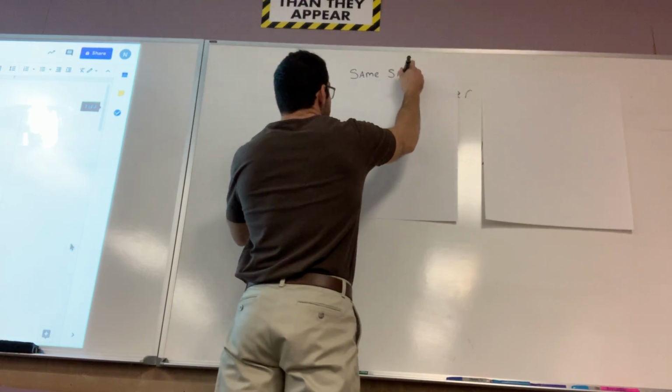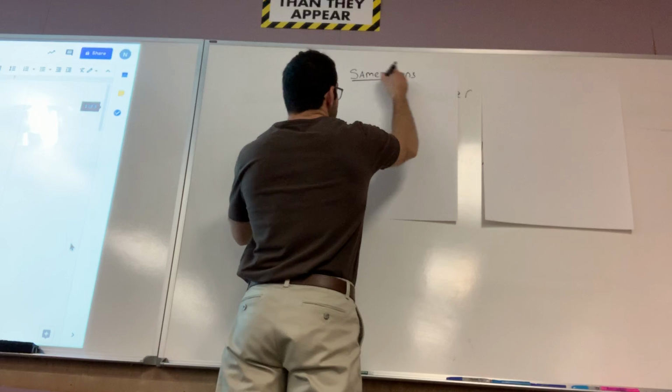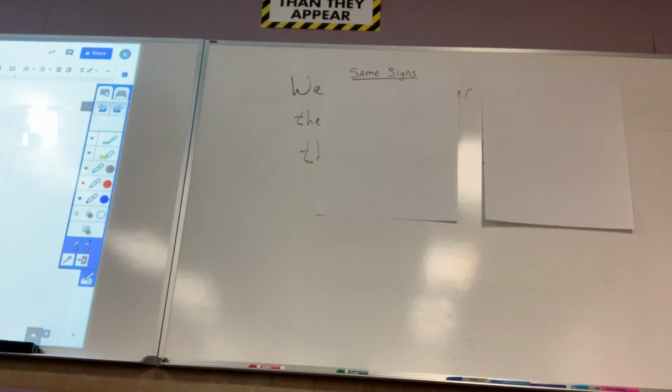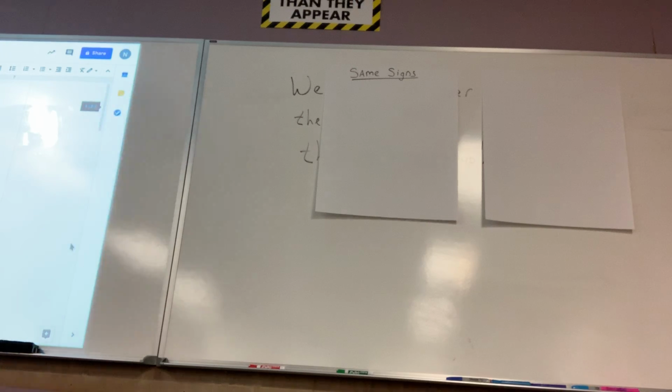So we are going to have rules for same signs. And it was Abs that told me when they have the same sign, +5, +8, my answer stays the same sign as well. So if they're both positive, it stays positive. If they're both negative, it stays negative.